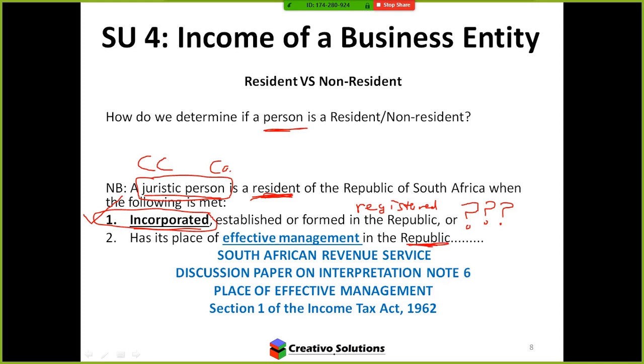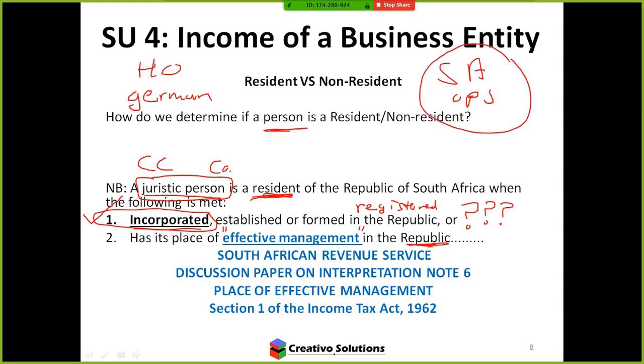The second thing you need to consider is has its place of effective management in the Republic? This effective management is in inverted commas, because this is where disputes can come up. Remember, you might have a head office in Germany, but let's say the South African operations are the biggest. Germany is that big, South Africa is that big.